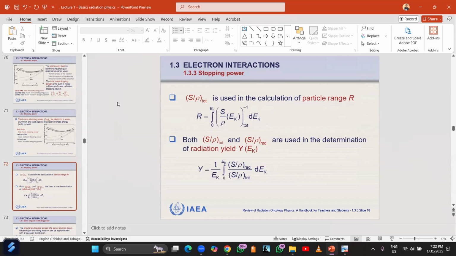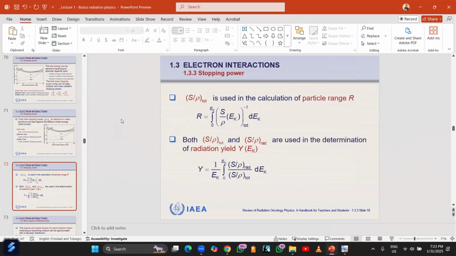Is it more clear now? In water, we know it's 2 MeV per centimeter. That's the energy loss. For every centimeter, an electron will lose 2 MeV. But how about if the electron is traveling in bone? Now we have a density dependent range.